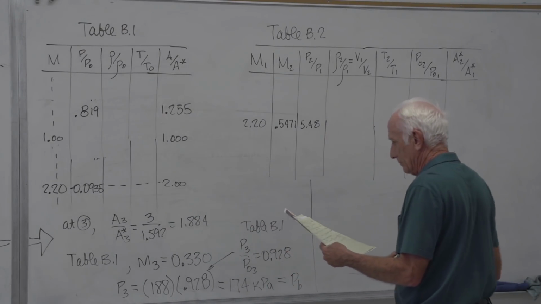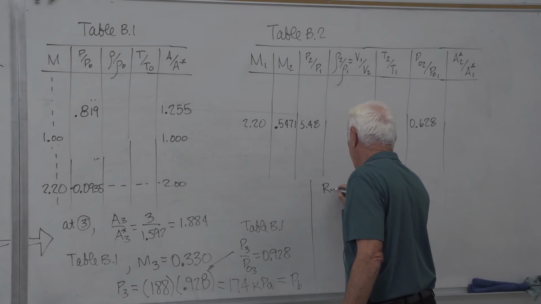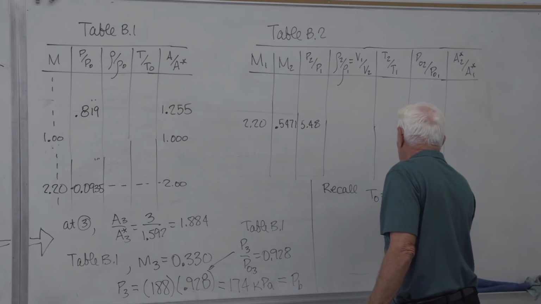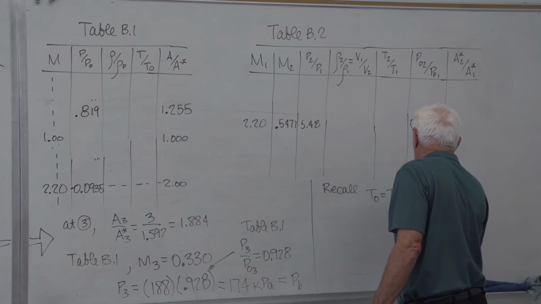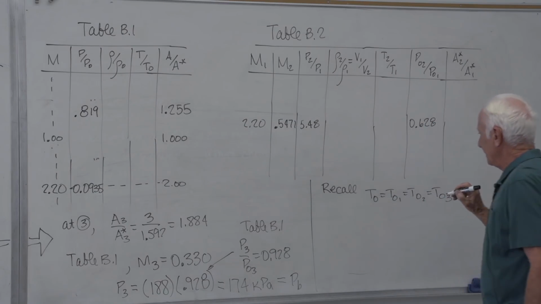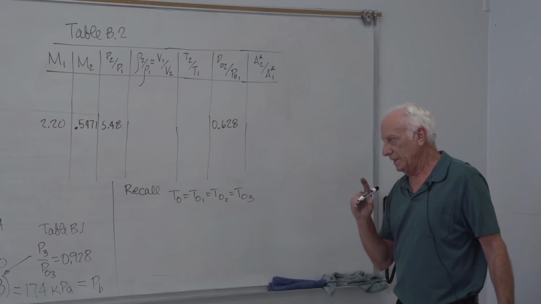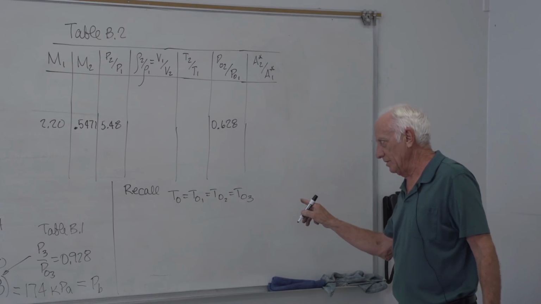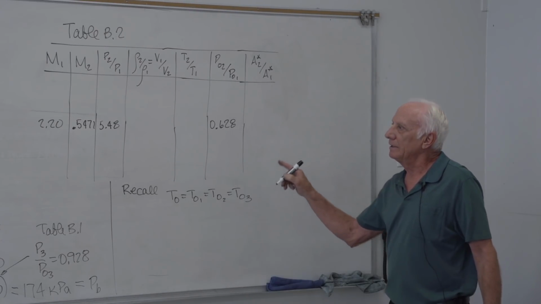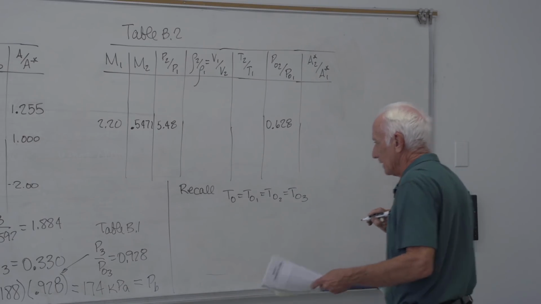One more. Find T3. T naught equals T naught 1 equals T naught 2 equals T naught 3. Remember, the stagnation temperature does not change in an isentropic region or across a shock. Okay, it's the same.